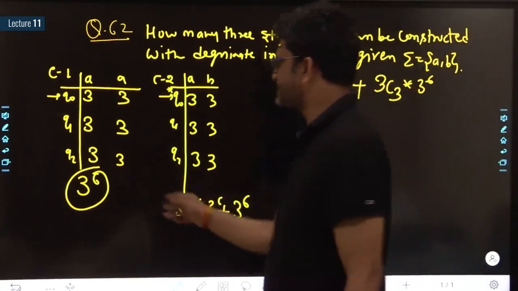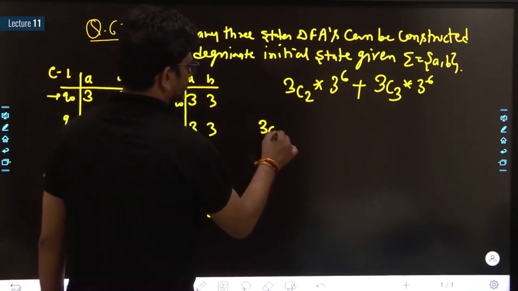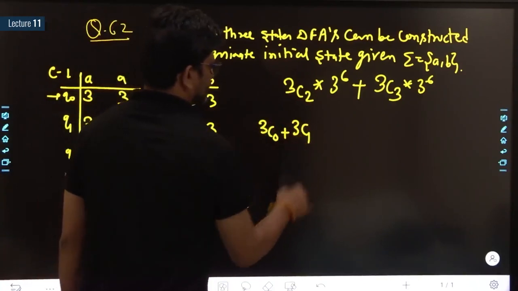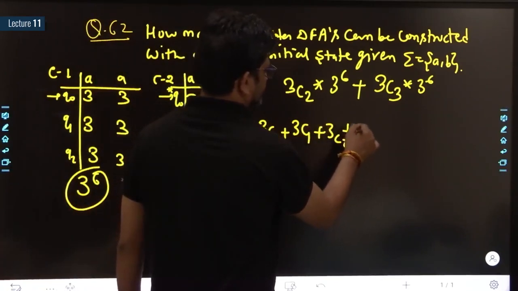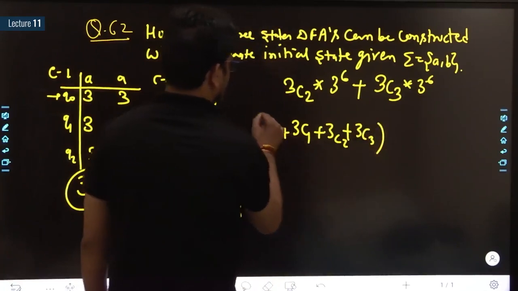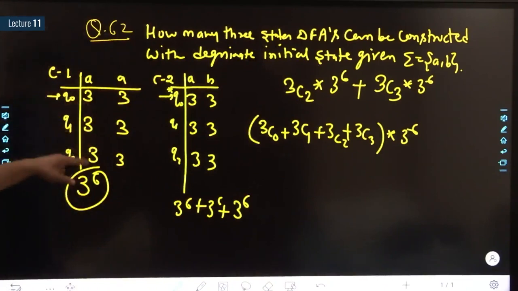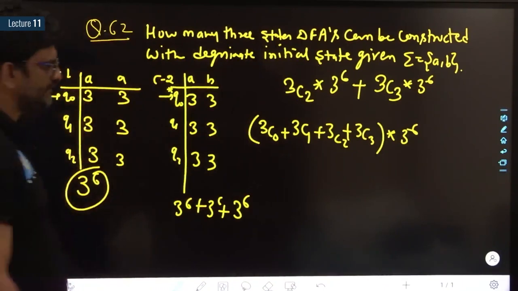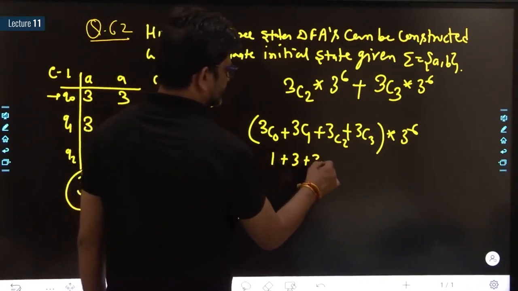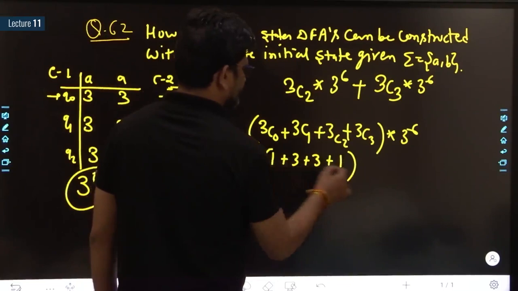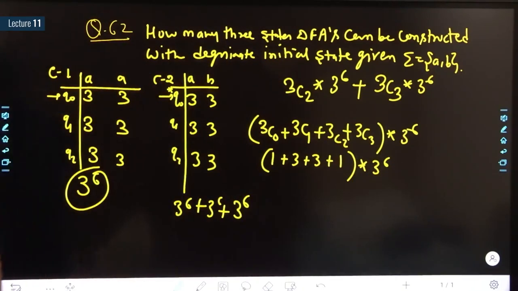So add all these cases: 3C0, 3C1 for one state final, 3C2, plus 3C3, into 3 to the power 6, because each case has 3 to the power 6 DFAs. So this is 1 plus 3 plus 3 plus 1, into 3 to the power 6.